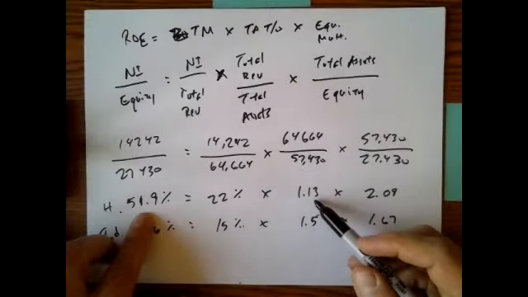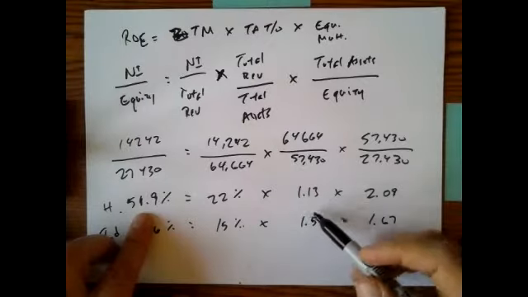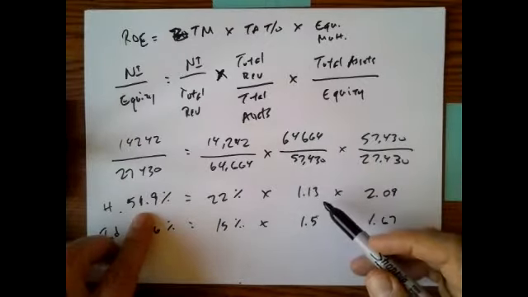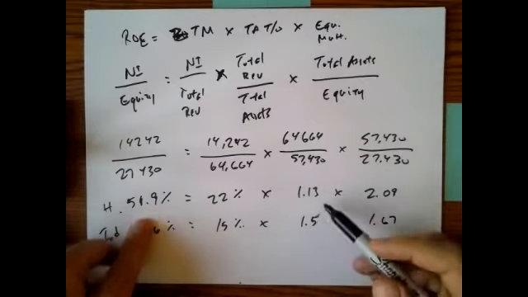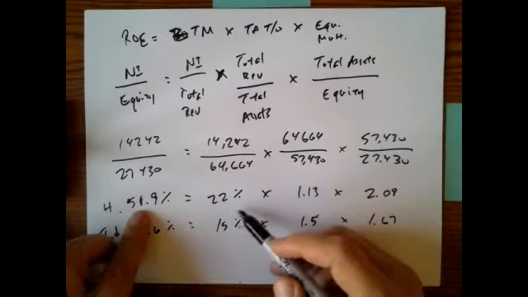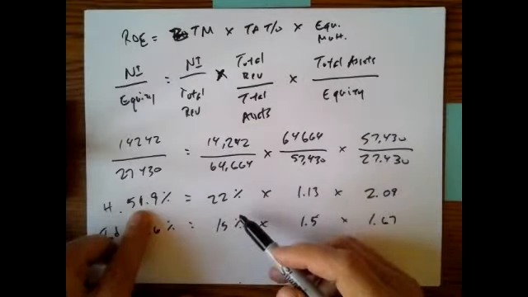Their total asset turnover is lower than the industry average, so that's bad, right? You want to see a higher total asset turnover. It means they're not using their assets as efficiently as the industry average. However, they have a higher total margin, which means that they're better than the average in terms of cost control.